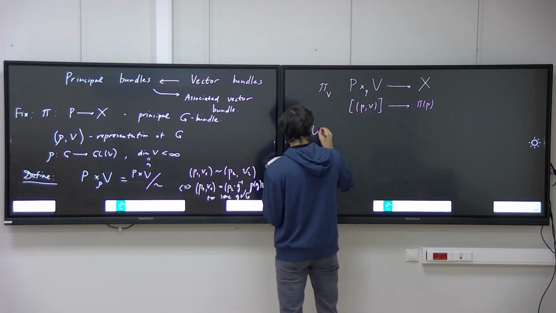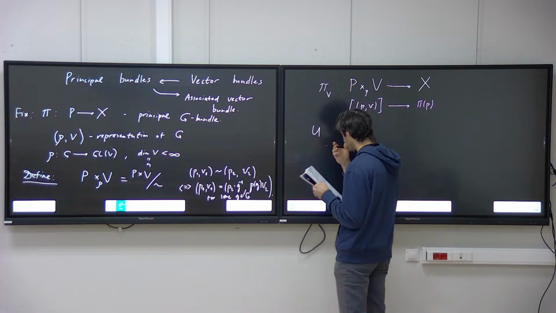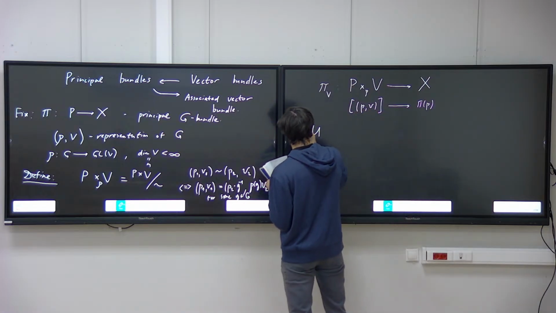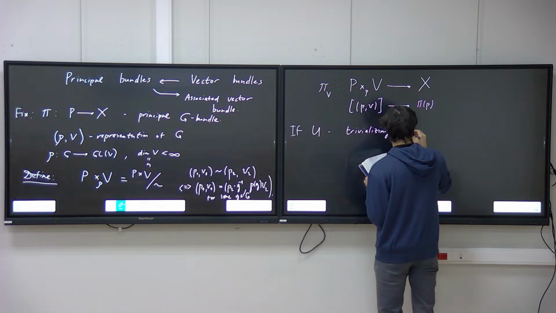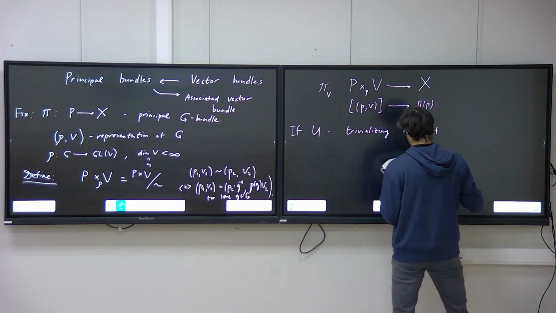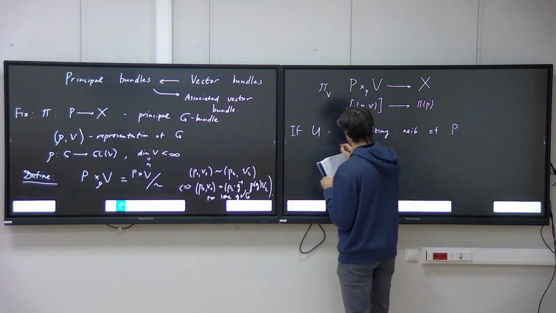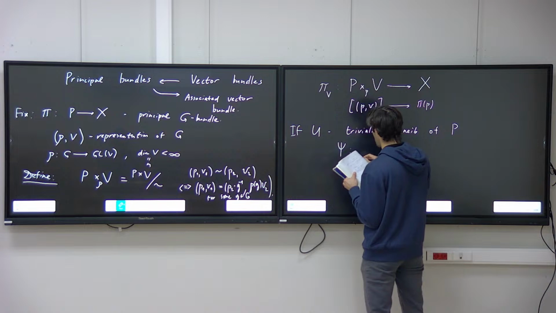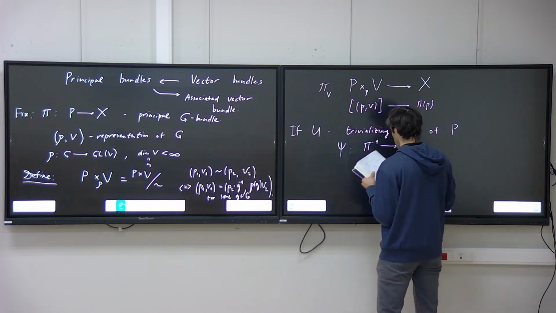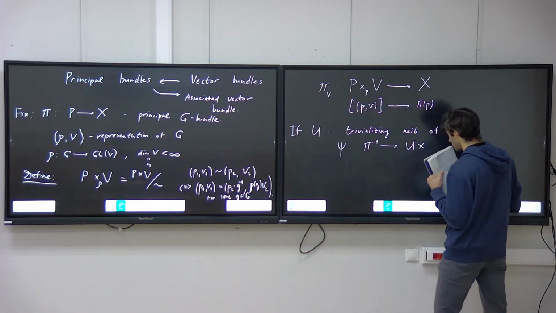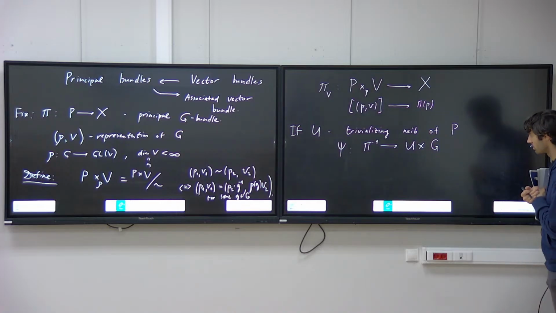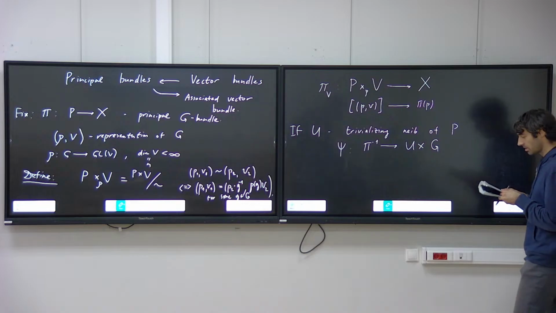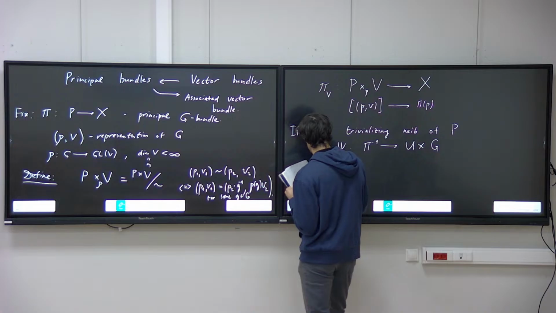If U is some trivializing neighborhood of P, meaning that I have a homeomorphism psi from pi inverse of U to U times G, which satisfies certain properties that we discussed last time, then I would like to construct psi v.